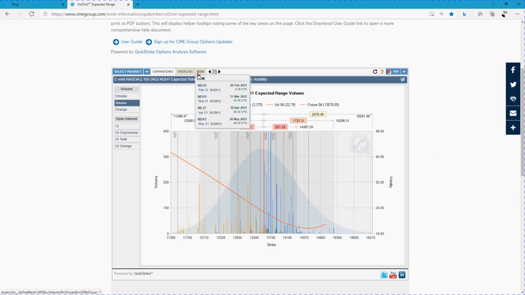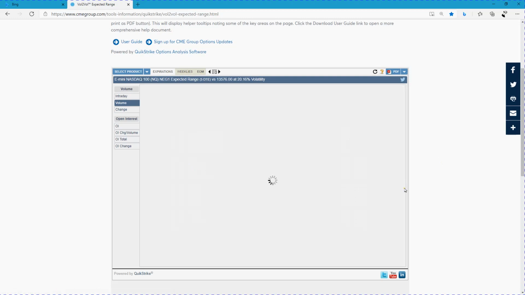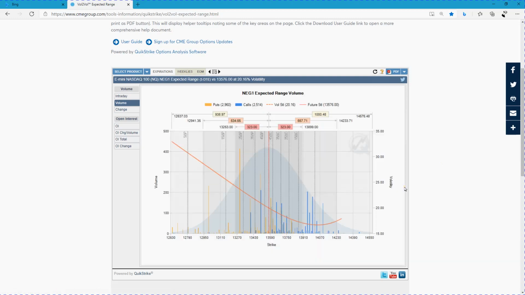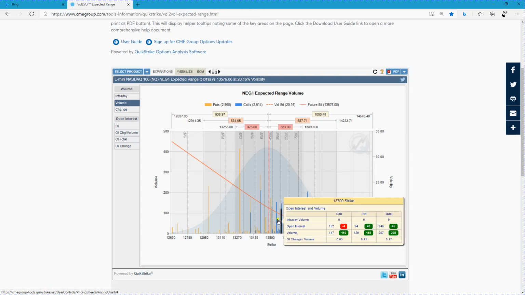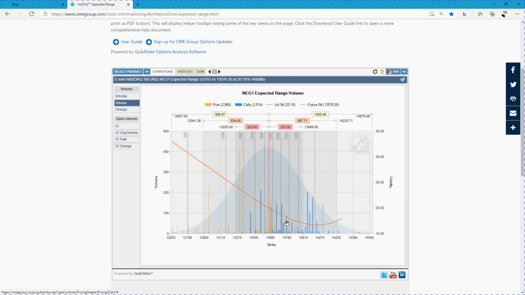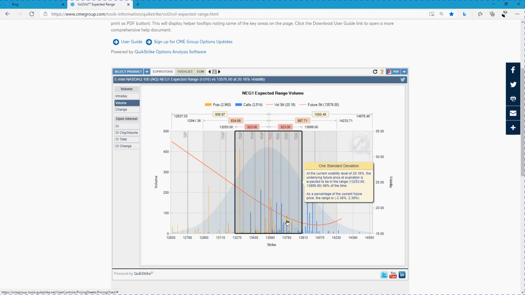I'll check the end of the month and do the same thing, especially as you're getting into the close of the month contract, and see where some institutional interest might be parked. I like to look anytime a level does hit the volatility line to make a note of what those are.